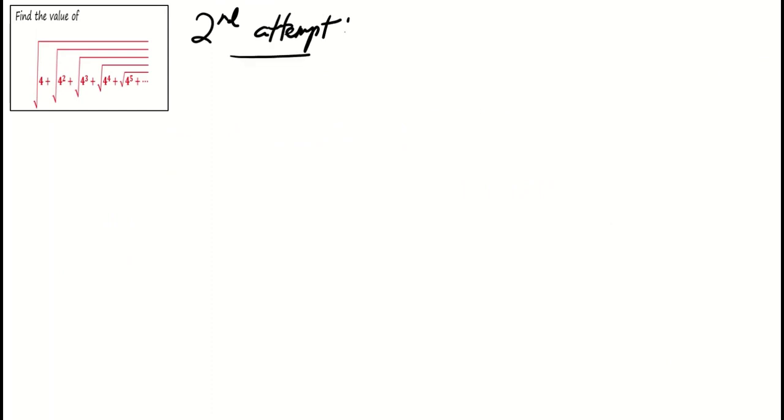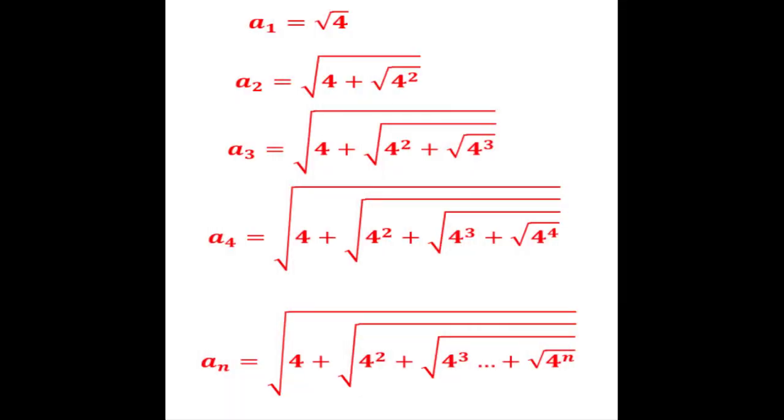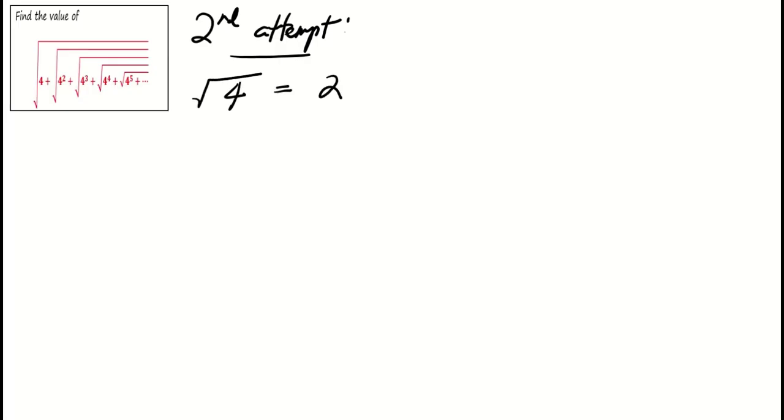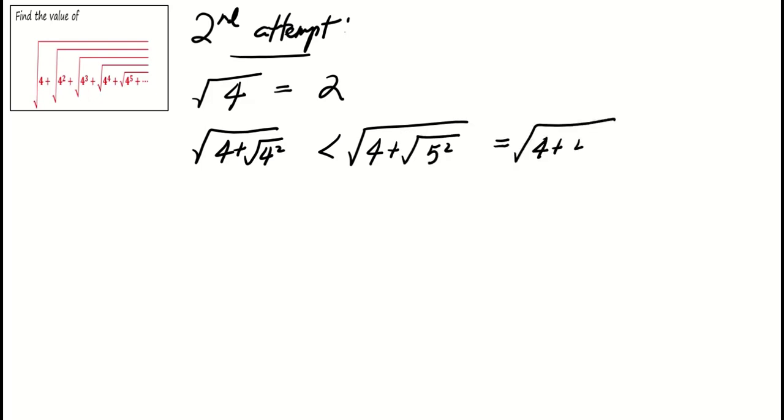We can try to approximate this term by looking at it term by term. First, we look at square root of 4, which equals 2, and the second term that we want to consider is square root of 4 plus square root of 4 squared. And obviously, this is less than square root of 4 plus square root of 5 squared. This equals 3.